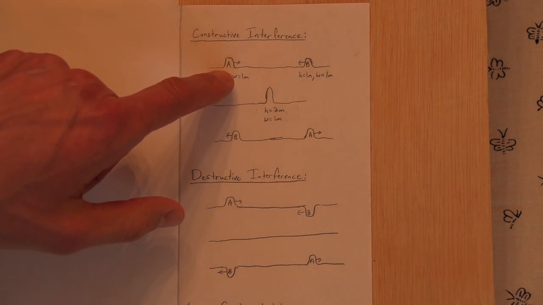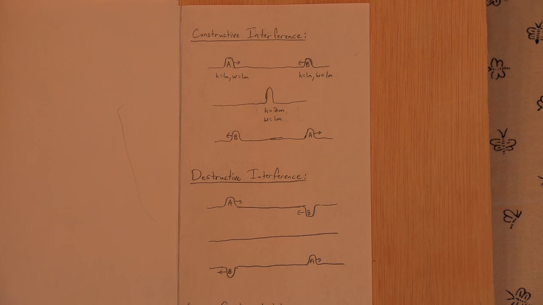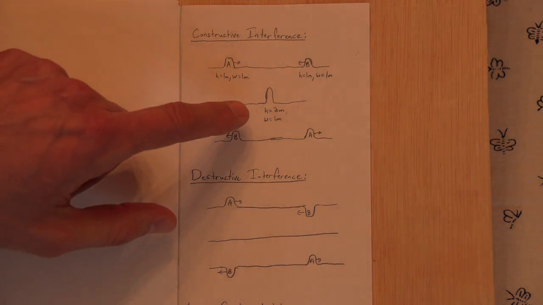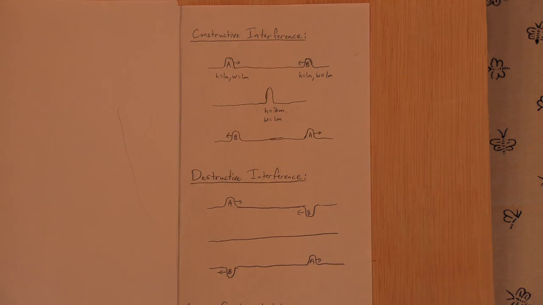Like here, this wave A has maybe a positive 1 meter displacement and B also a positive 1 meter displacement. Both waves, I tried to draw them the same size. They're both 1 meter wide, so that's the intention, even though they didn't quite come out the same. When the waves meet and overlap in the middle, the net displacement is 1 plus 1, principle of superposition, or 2 meters.